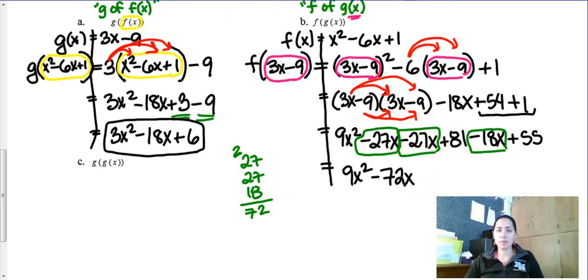Last but not least, I've got a positive 81 and a positive 55. So again, off to the side, 81 plus 55. 1 plus 5 is 6. 5 plus 8, that's 5 and 5 is 10, plus 3 more, 13.